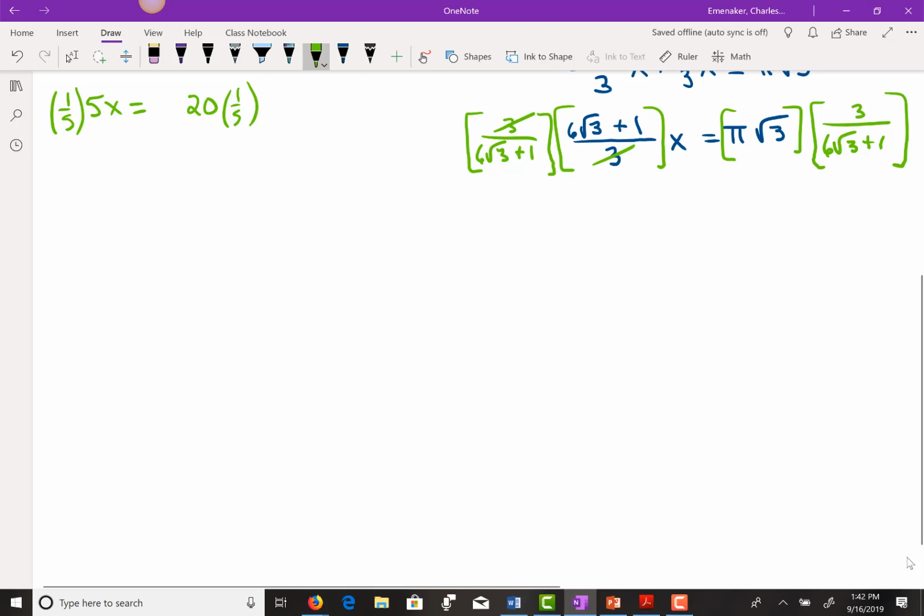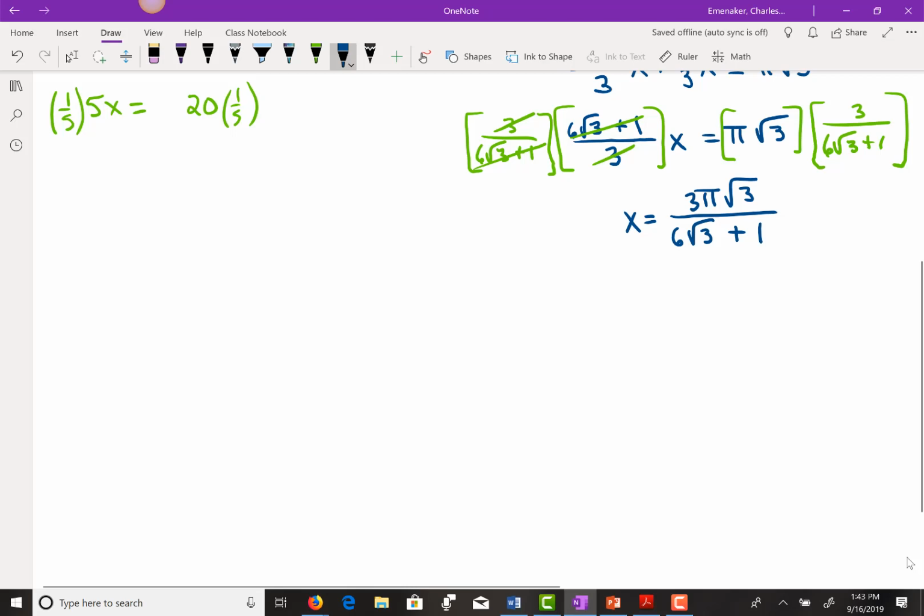This 6 square root of 3 plus 1, and that 6 square root of 3 plus 1 cancel. And that gives us x equals, well, let's see, we're going to have 3 pi square root 3 divided by 6 square root of 3 plus 1. And here's your answer for x.